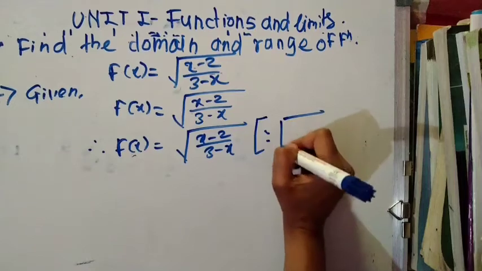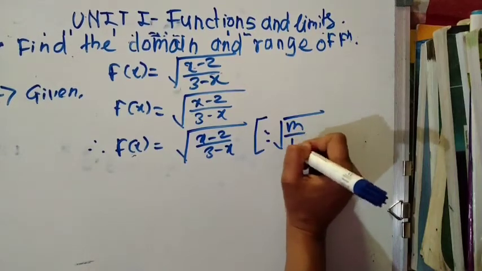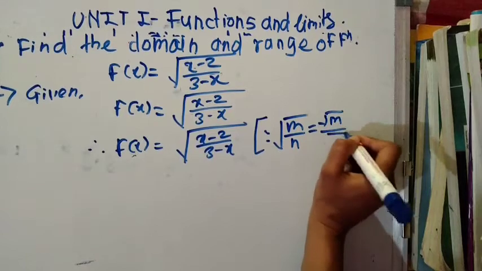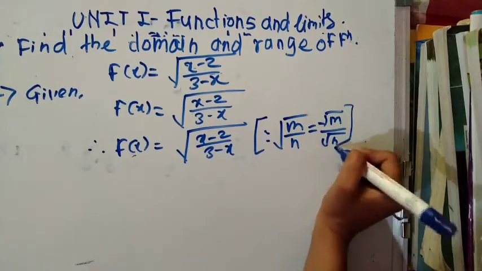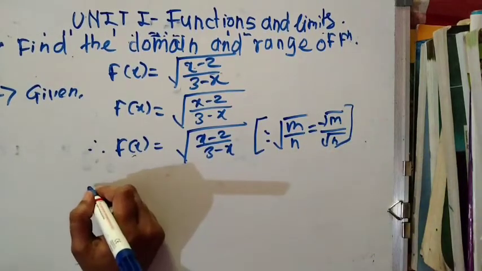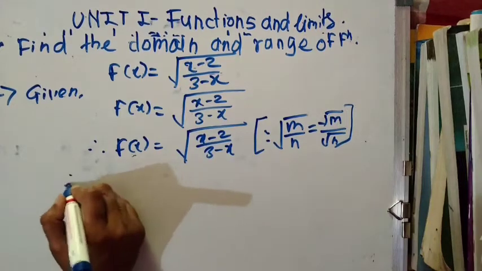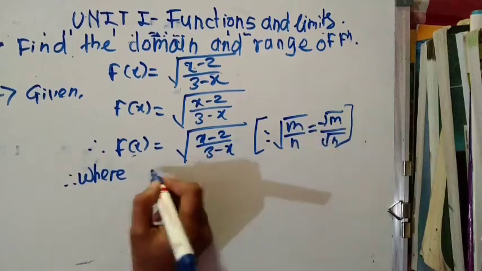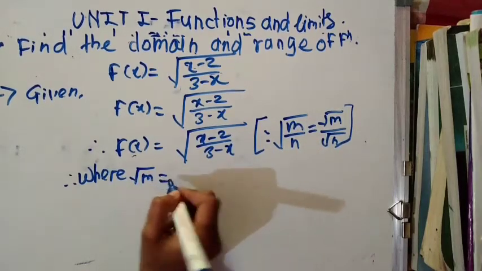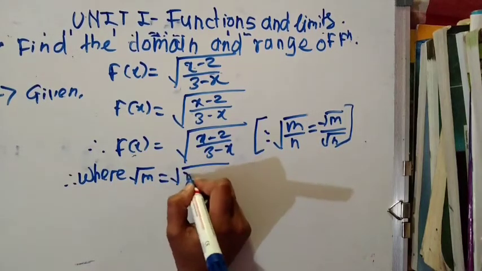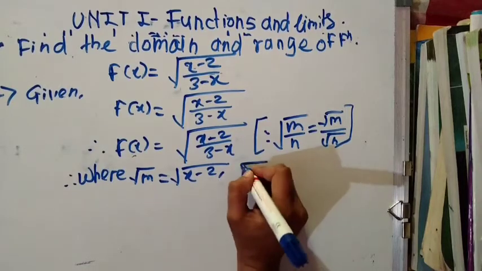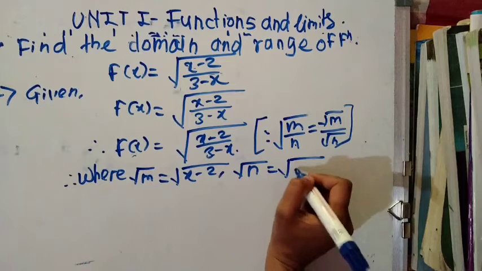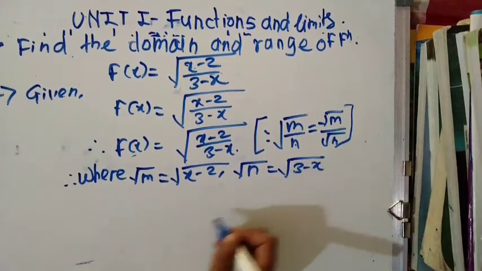Since root m upon n is equal to root m upon root n, here root m is equal to root x minus 2 and root n is equal to root 3 minus x.